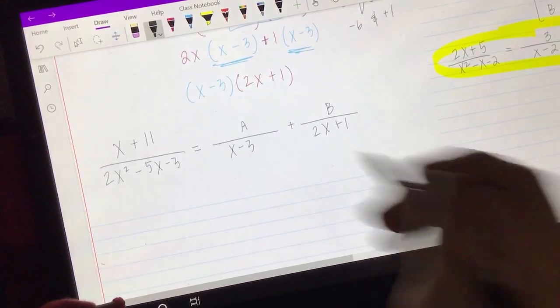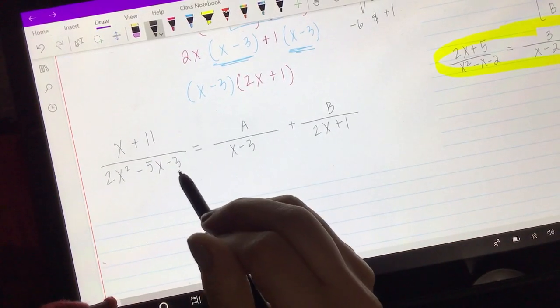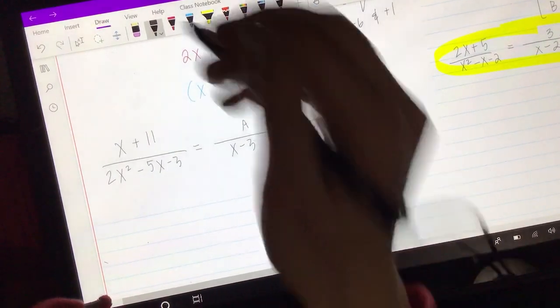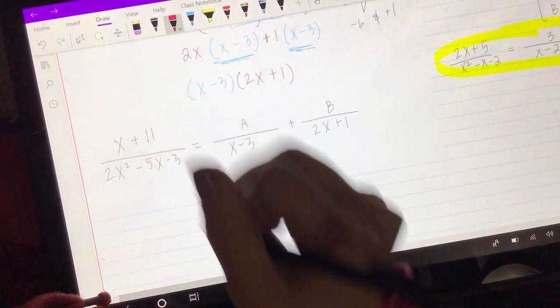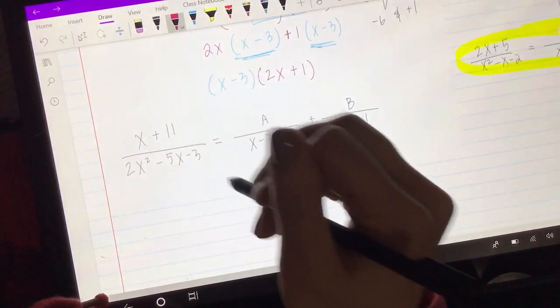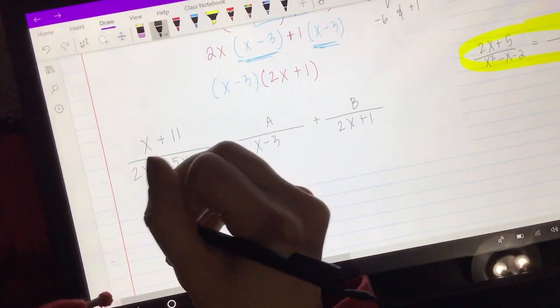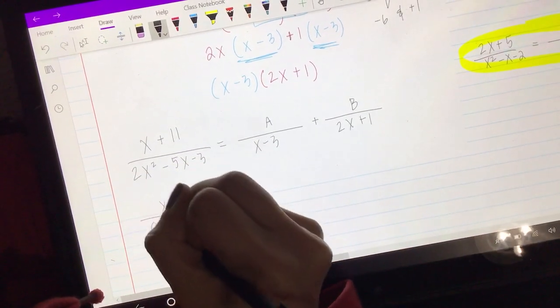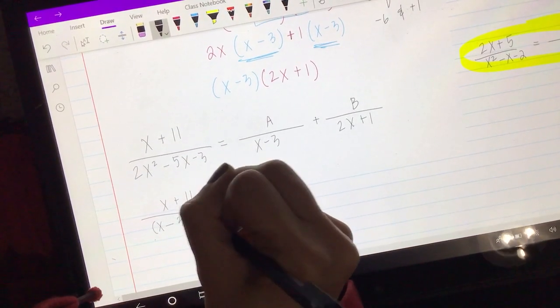All right, hopefully you worked it out. Remember the first step is to multiply by the denominators to get rid of the denominators. So first I'm actually going to rewrite this as the factored form, x minus 3 times 2x plus 1.